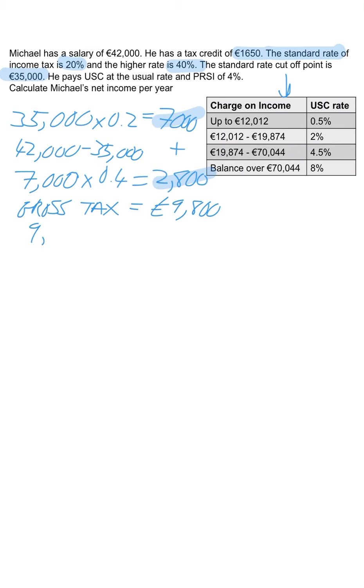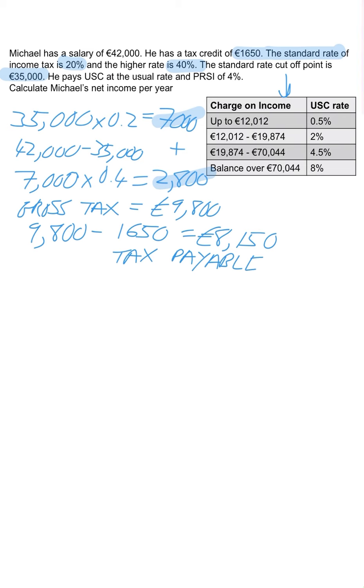So let's do 9,800 minus 1,650. And that then is equal to 8,150 euro. So that's how much tax he pays, so tax payable. Okay, so that's income tax out of the way now.